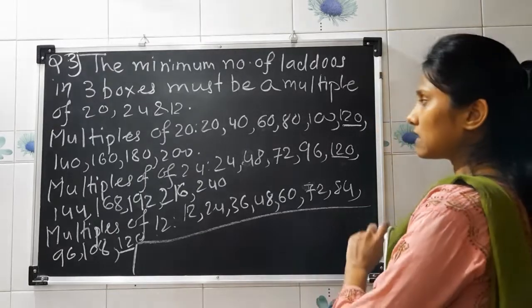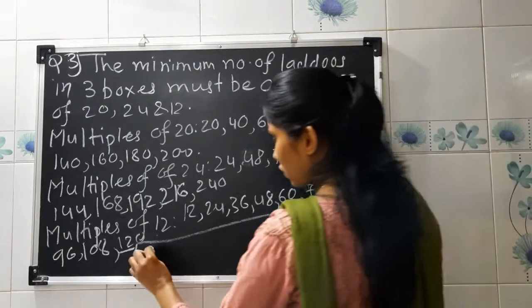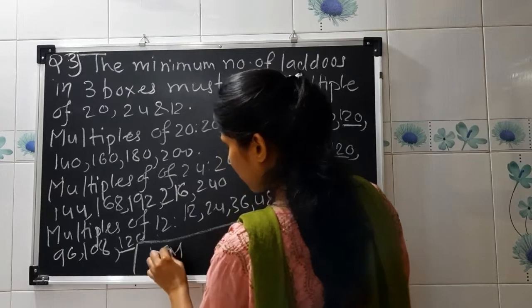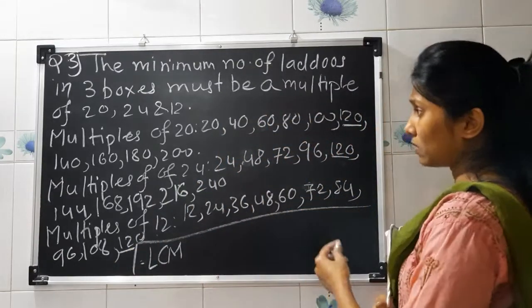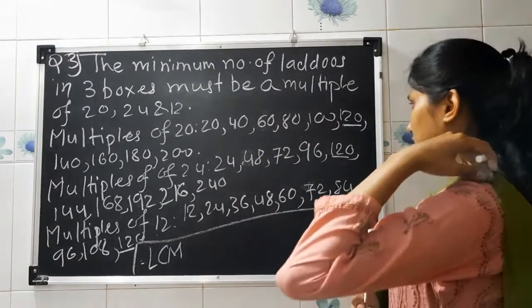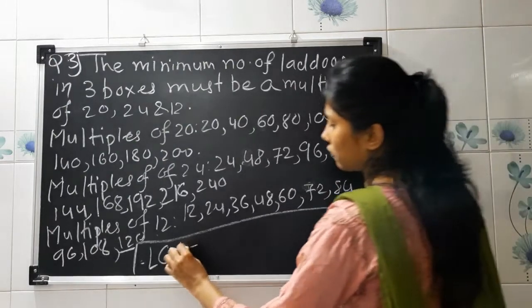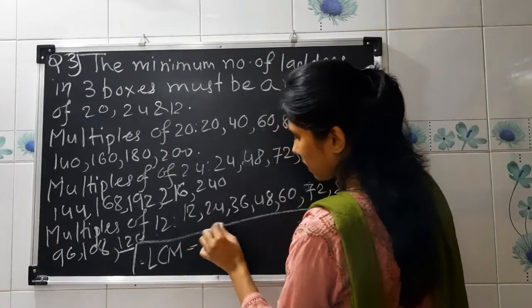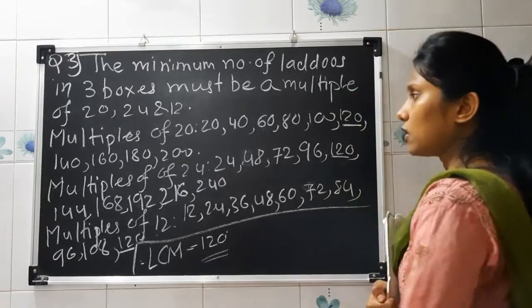There is no other common multiple, so we will consider it as the lowest common multiple. Therefore, 120 is the lowest common multiple.